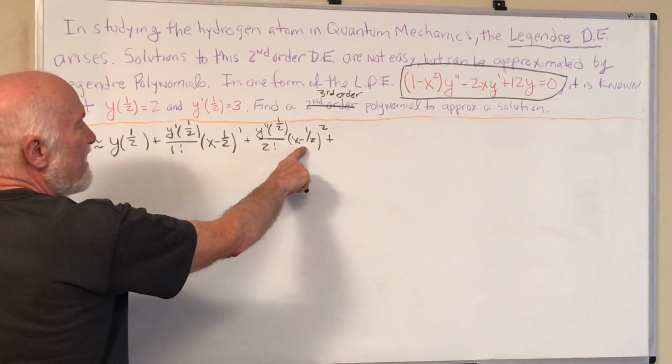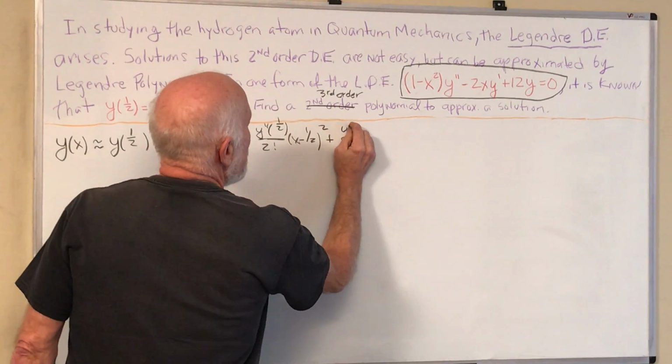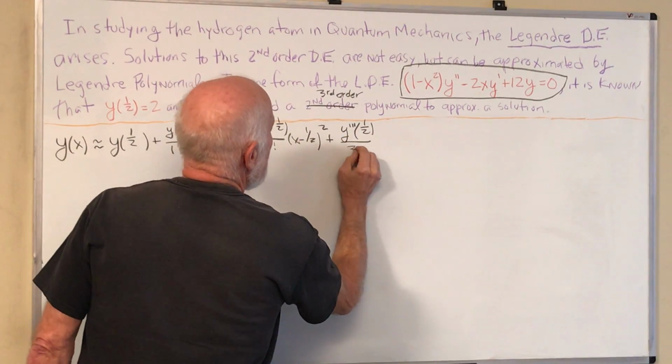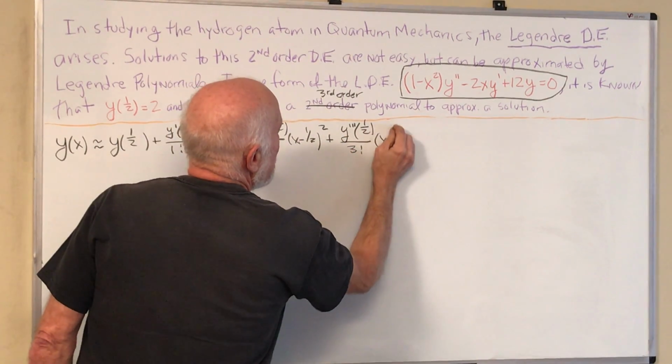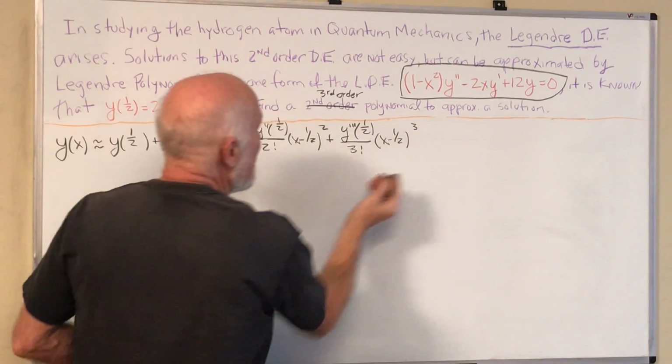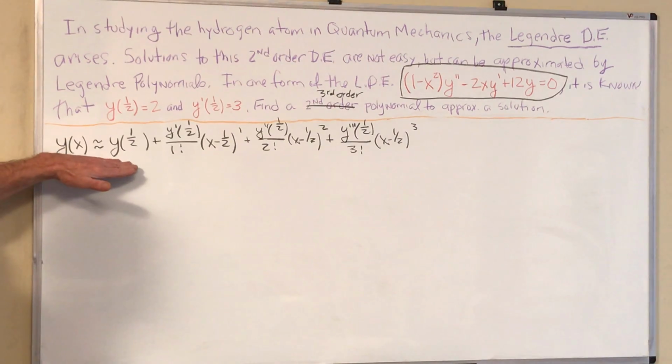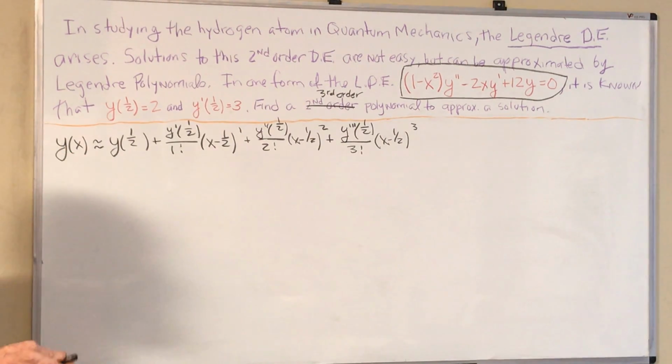So we have to go up to x cubed terms. So we need the third derivative divided by 3 factorial. And if we could get that, that would be a third order Taylor polynomial that would be an approximation to the solution. And maybe that's something that we could use.